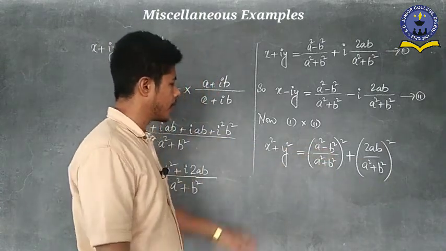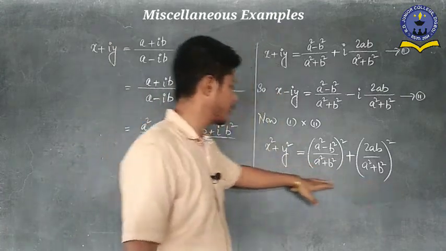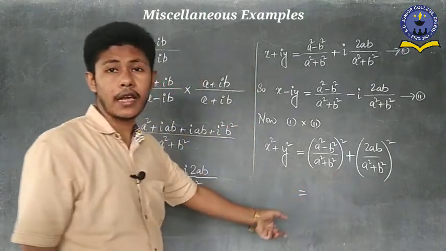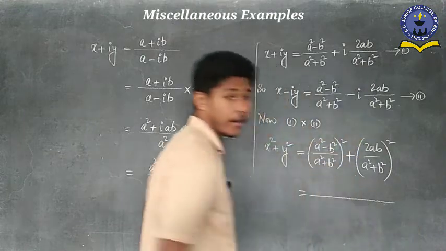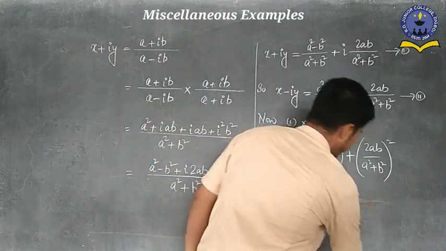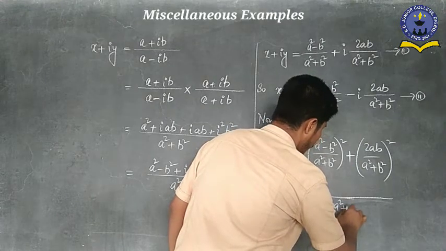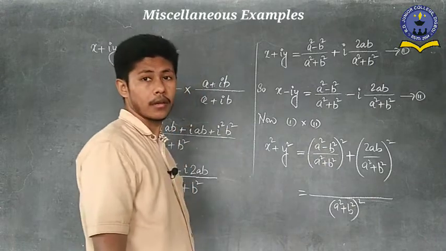Now, after that, we need to prove what? This part is equal to 1. So how can we calculate this result? If you see one more line here, the denominator we can write as a square plus b square whole square, isn't it?